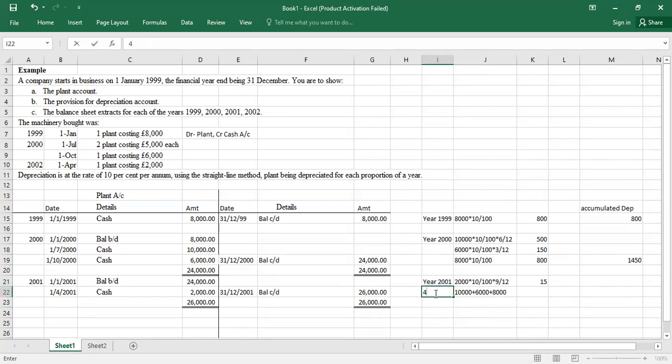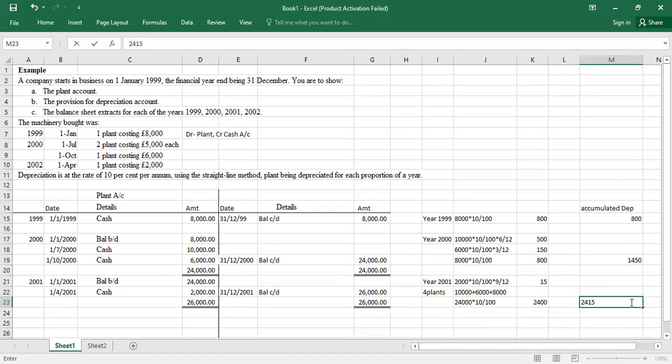So I can depreciate them all together instead of calculating each and every one. Multiply by 10% per annum, for a whole year. So this will be 2,400. So I can get the cumulative for this year. It will be 2,415 accumulated depreciation for that year.